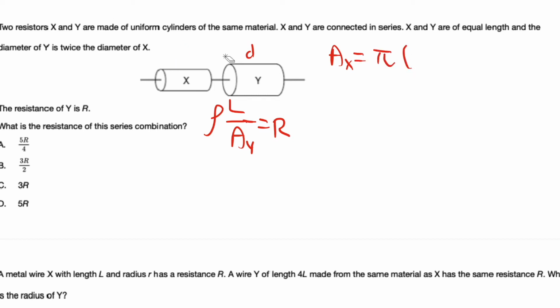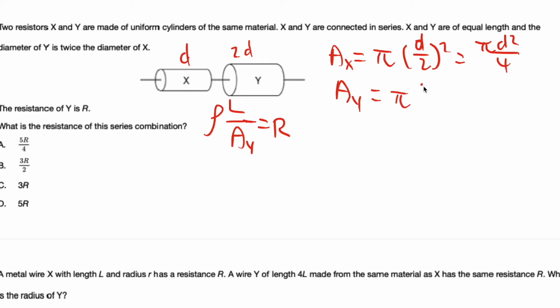Actually, let me do this. Resistor X has a diameter of D, and resistor Y has a diameter of 2D. So area is equal to pi r squared. So (D over 2) squared is going to be equal to pi D squared over 4. So this is the cross-sectional area of resistor X. And the cross-sectional area of resistor Y is going to be equal to pi times (2D over 2) squared, which is equal to pi D squared.